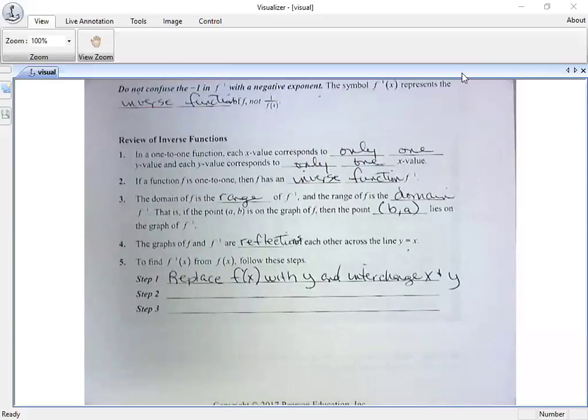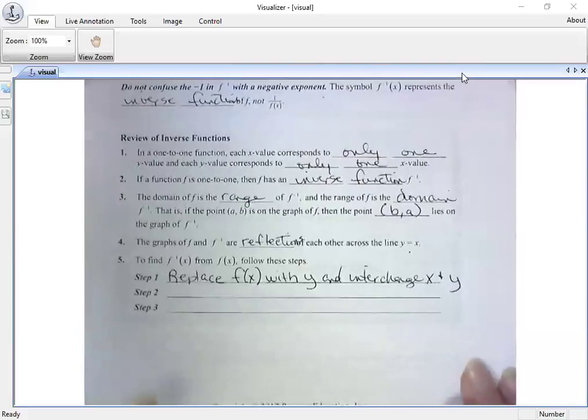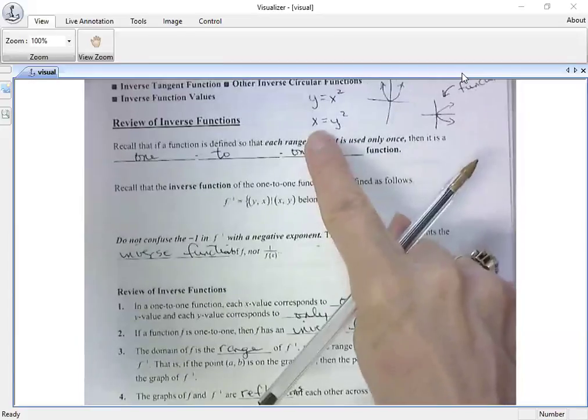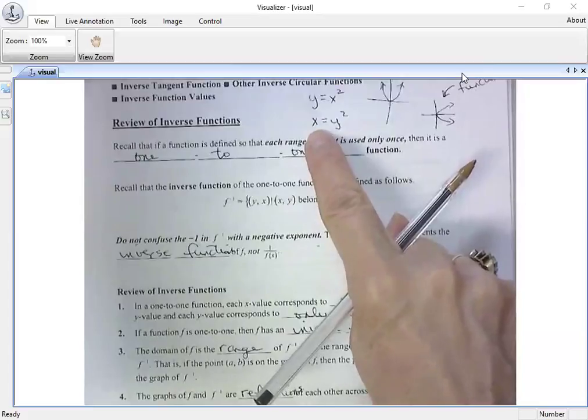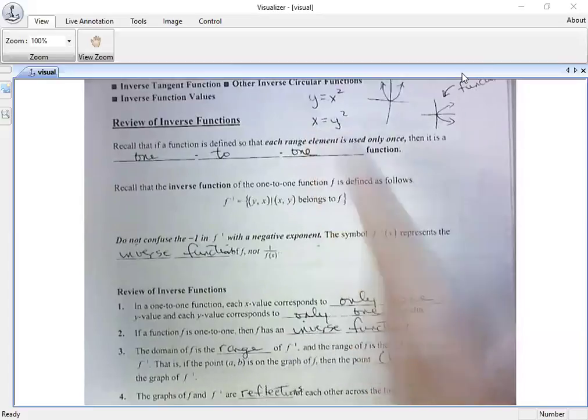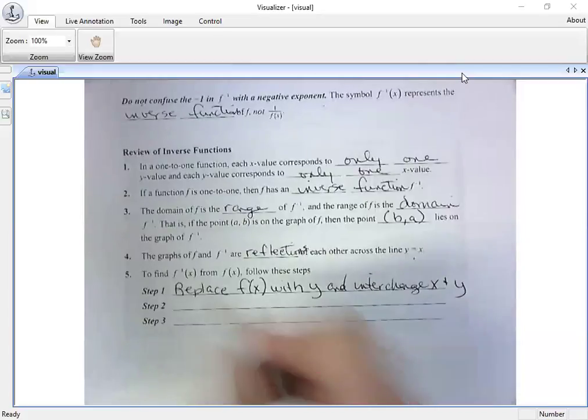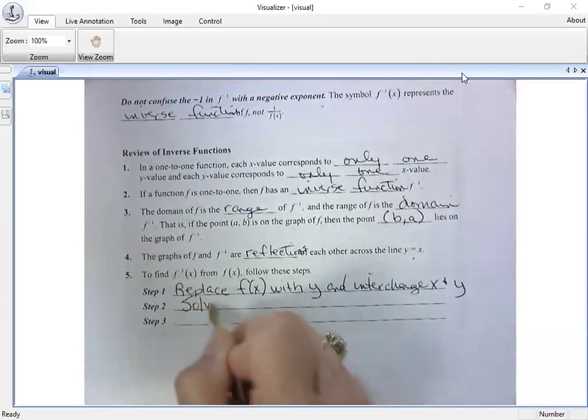All right. Here's the other part that we have to be careful about. If I leave it in this form, it's not considered to be written in function form because it needs to say y equals. So I would need to then solve the equation for y.